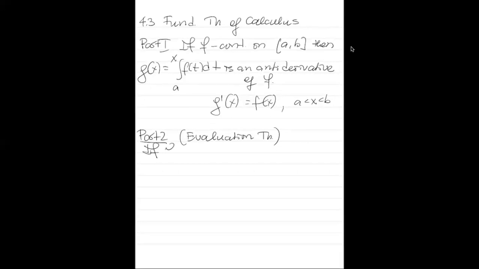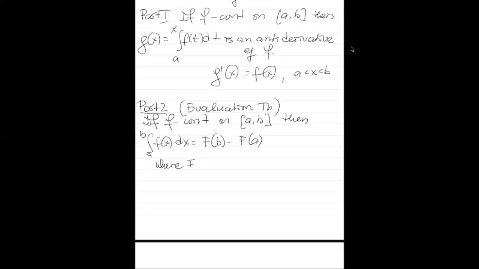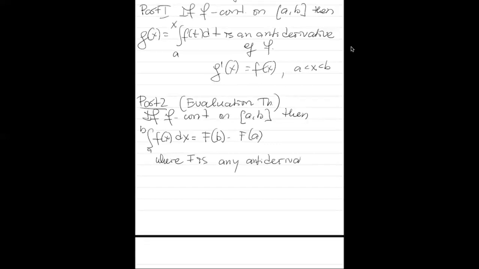It starts with f being continuous on an interval, then integral from a to b f of x dx is equal to capital F of b minus capital F of a, where big F is any antiderivative of little f. In other words, big F prime is equal to little f.